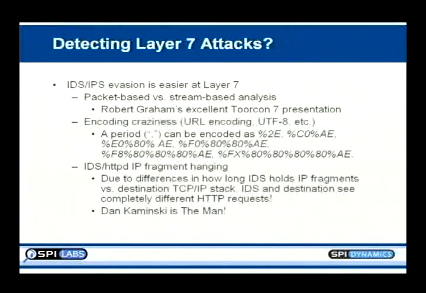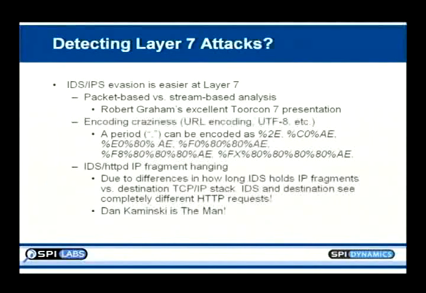But the thing is most IDSs are either packet-based or stream-based. They're either looking at the IP packets or they're looking at the TCP stream. Robert Graham gave an awesome presentation at ToorCon where he went out, got the latest version of Snort, grabbed the latest exploit of the week, he ran it, Snort caught it, he went in and changed one little piece of code which said, when I send this attack and you have to break it into 2 packets, break it here instead of here.